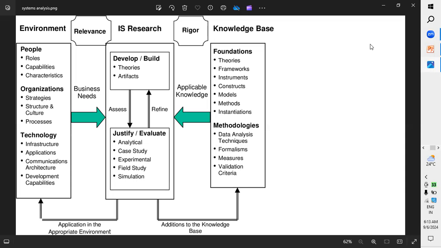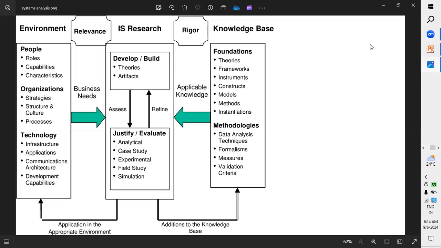What environment we have, that has to be focused more on. Second, we need to know about IS research, meaning information systems research. IS stands for information systems. The third one is about the knowledge base.